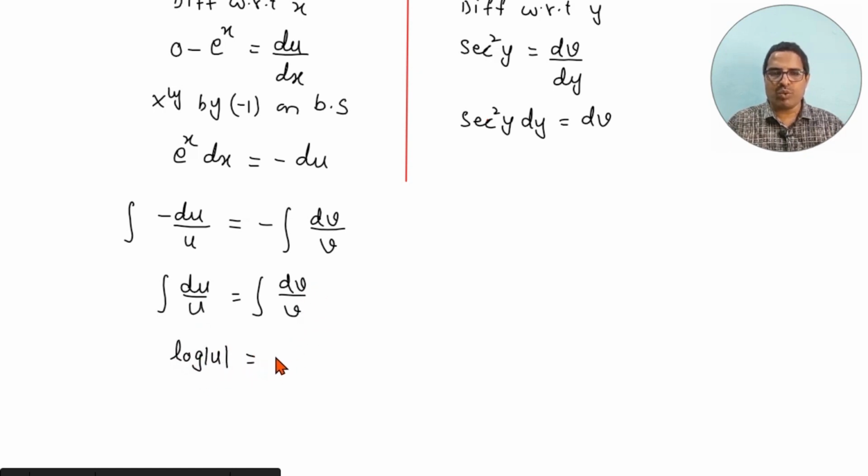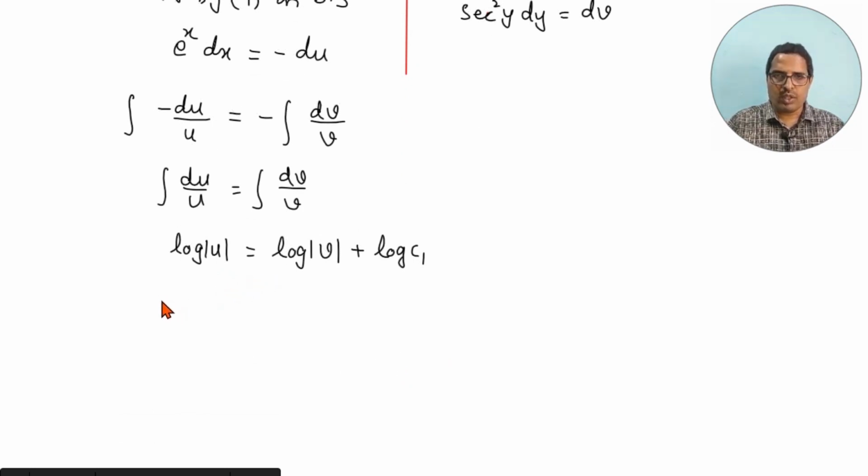Is equals to integral of dv by v will be log of mod v, plus, since both are log, we will take the constant of integration as log of say c1. Therefore we have got log of mod of u, let me take this log of v on the other side, minus log of mod v is equals to log of c1.